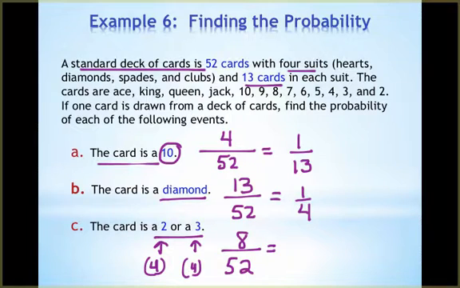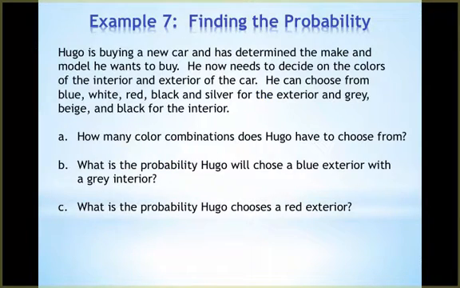But then we can simplify that. One way we can do that is just go ahead and divide both of those by 2 and get 4 out of 26. But then those are still even, so we could divide by 2 again and get 2 out of 13.